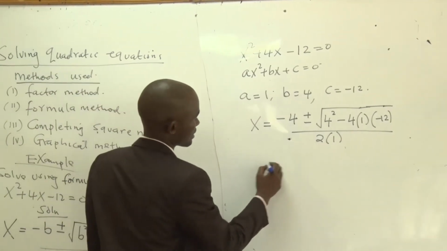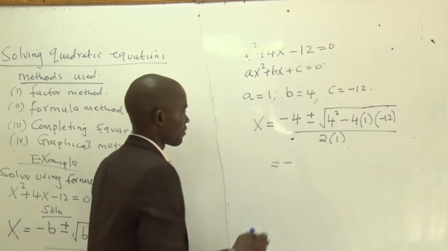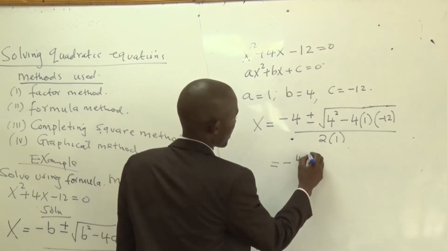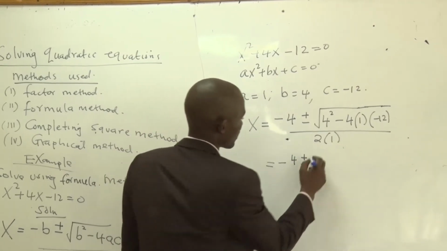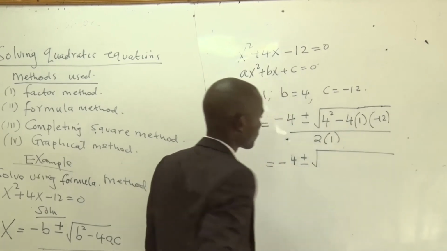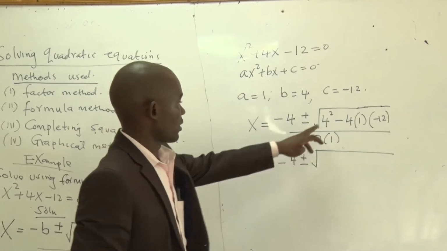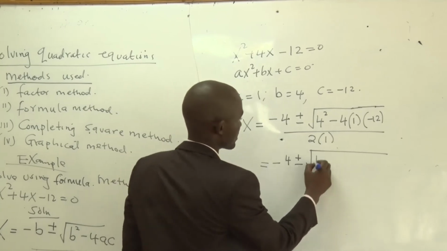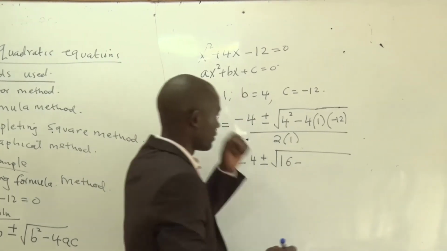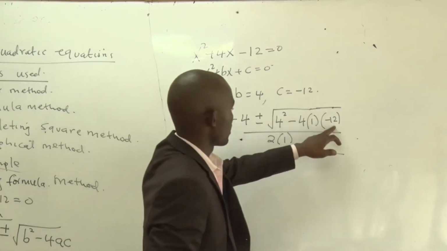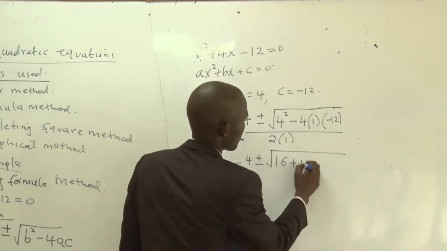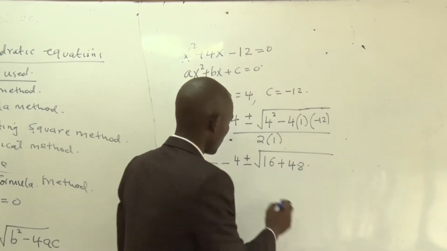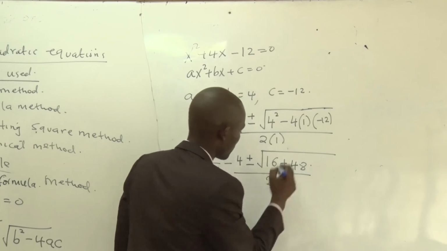This one will give us minus 4 plus or minus the square root of, if you take 4 squared you will get 16, minus, if you take this you will get plus 48, divided by 2.